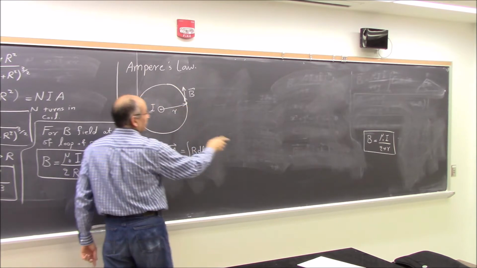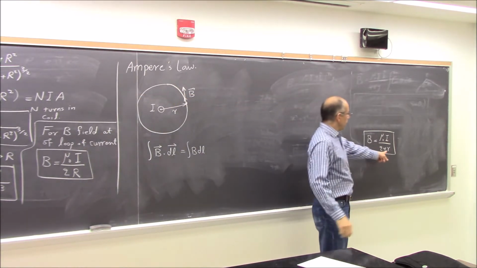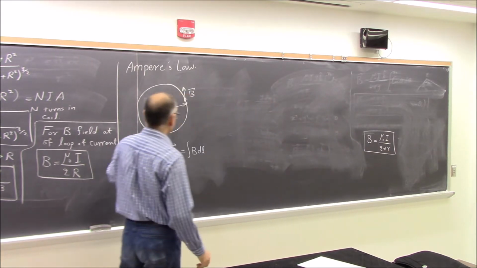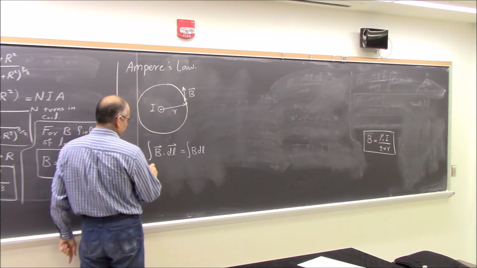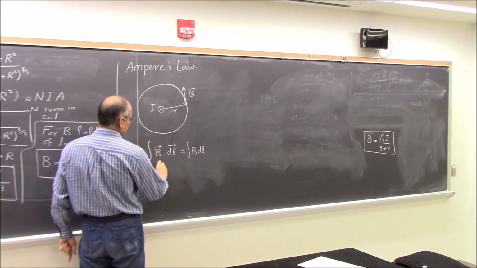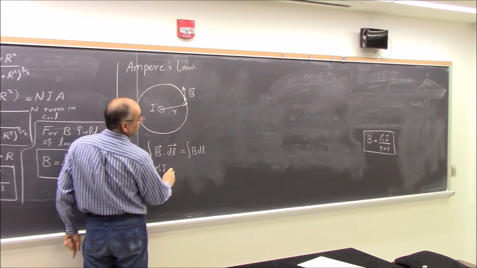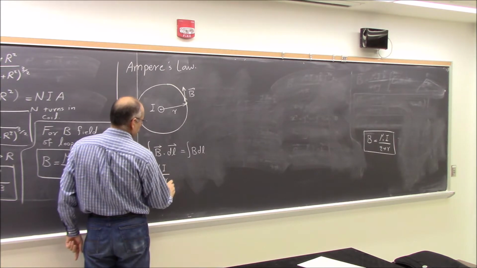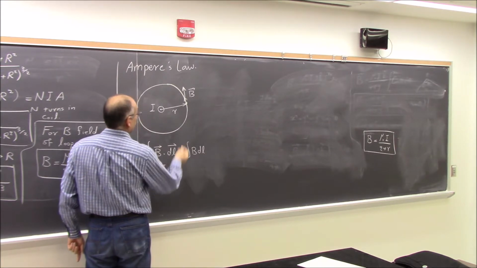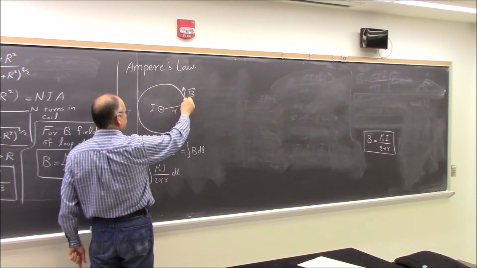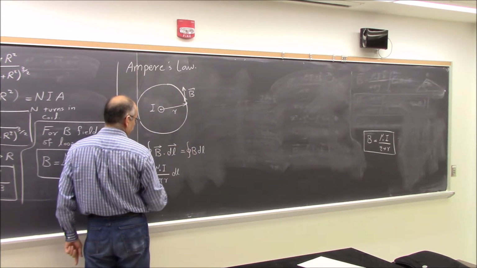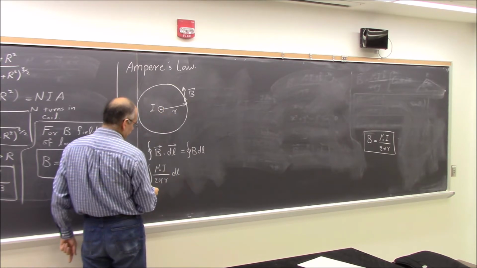And because B depends only on the radial distance, B is the same everywhere. So it becomes integral of mu naught I over 2 pi r times dl. And as this dl goes around, the integral is over a closed loop, just like a circle, one turn around.